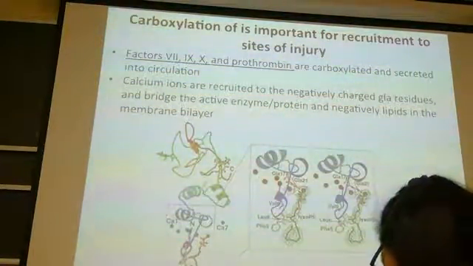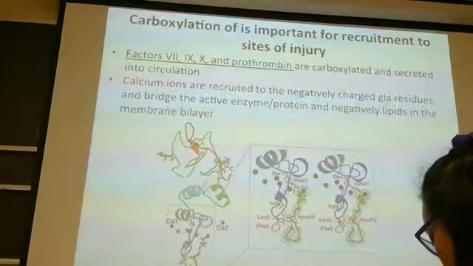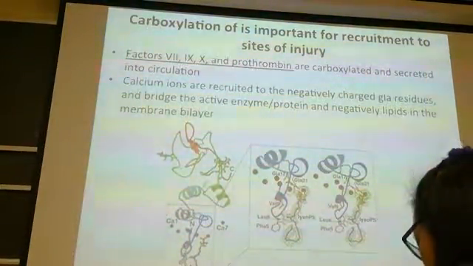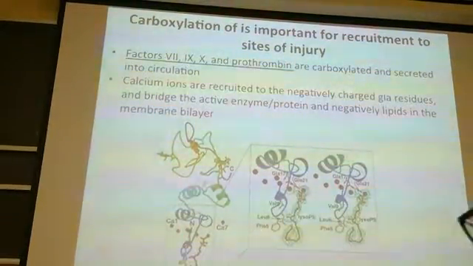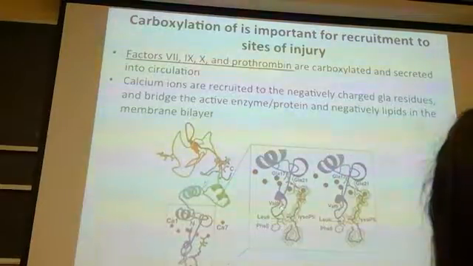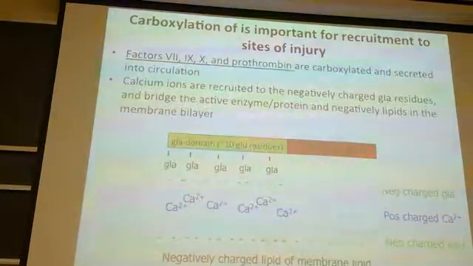What you see here is that for GLA 21 and 17 in this protein, these calciums are sitting directly in association and bridging the interaction between these residues and the phosphoserine head group. Okay. So this is an actual version of what this would be like, but this is an illustration version.